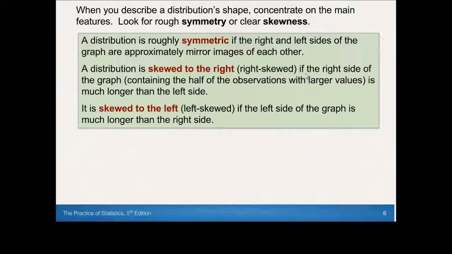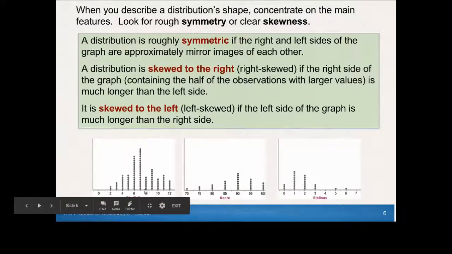A bell curve they talk about is symmetrical. But some data is not. Look down below, you see the first one on the left. It looks pretty symmetrical. This one, there's fewer on the left than on the right, so we actually call that skewed left because there are fewer.